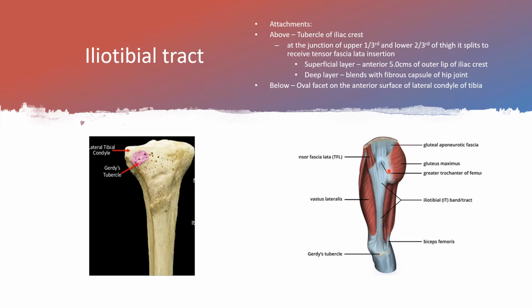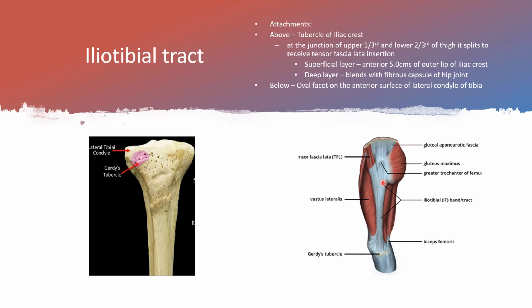At the junction of upper 1/3 with the lower 2/3 of the thigh, the iliotibial tract splits into two layers, a superficial and a deep layer that encloses the tensor fascia lata muscle.